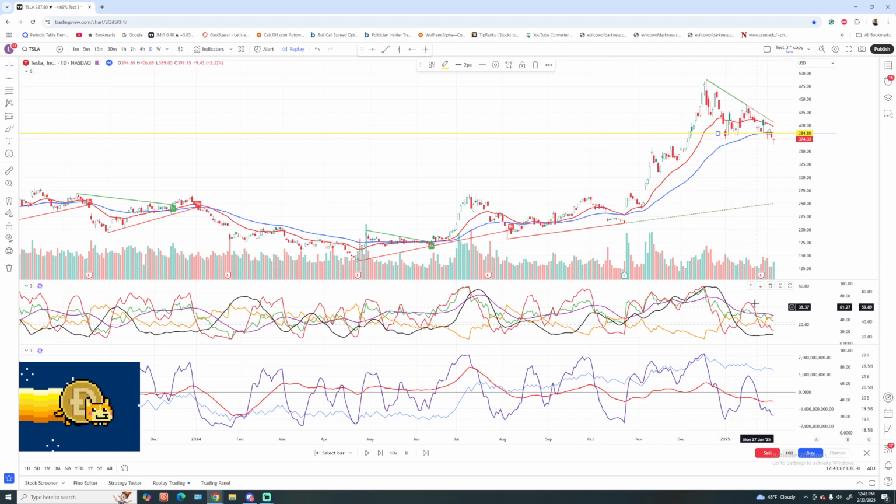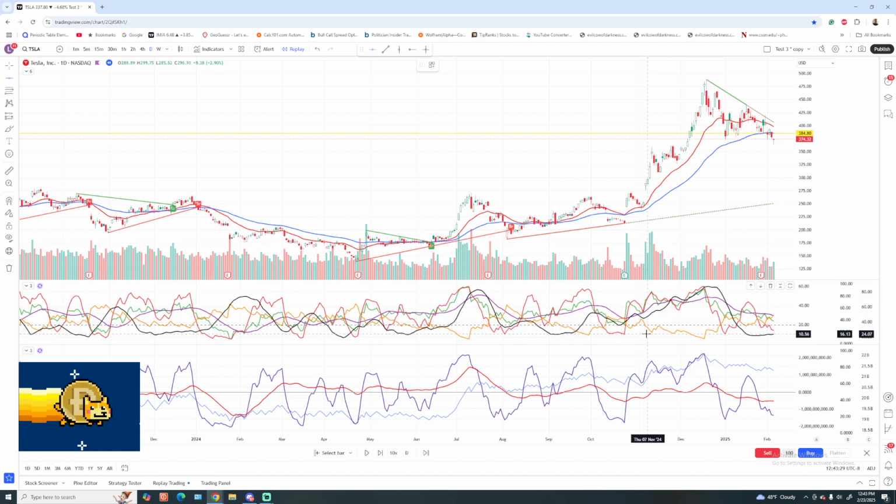So I do have to look at this 4-hour right here. Am I at the 4-hour? No. I'm still on the daily. But I want to check the daily's resistance, which had a breakout right here. This is also considered a breakout once this orange line crosses this dotted line right here.